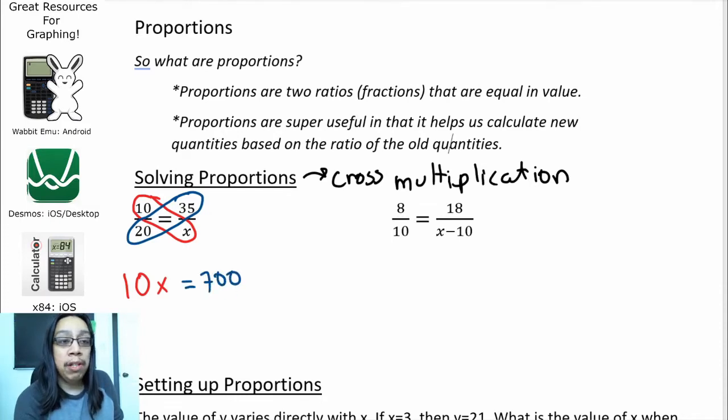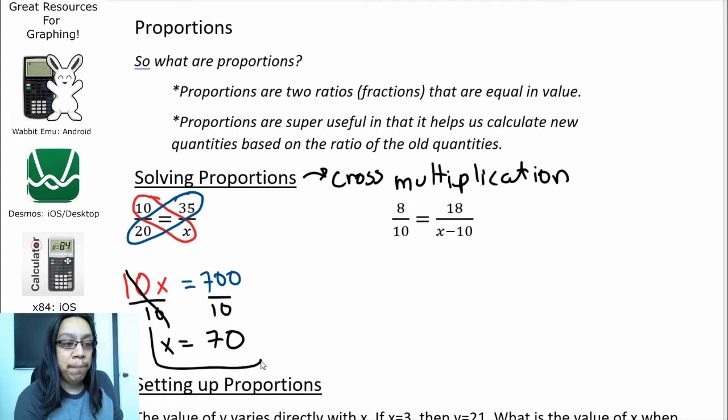Now the only thing you have to do from this step forward is solve the equation for x. Now this is a one-step equation, and the only thing you have to do on both sides to solve this is just divide both sides by 10. So when you divide both sides by 10, this simplifies out. x equals 700 divided by 10. It's just going to be 70. So that's basically the idea of how you solve a proportion.